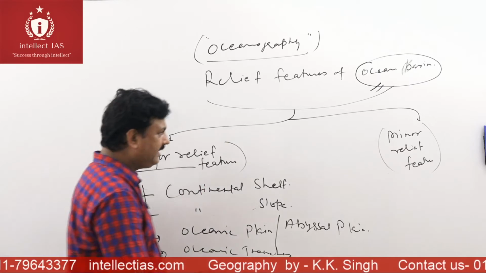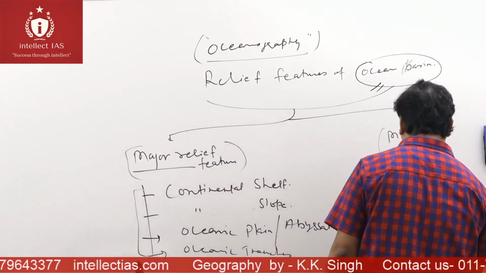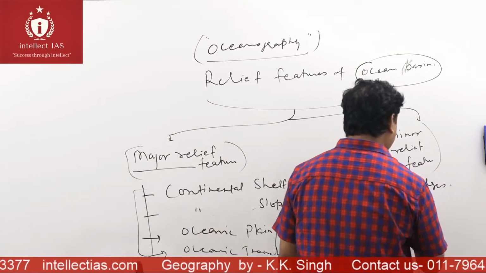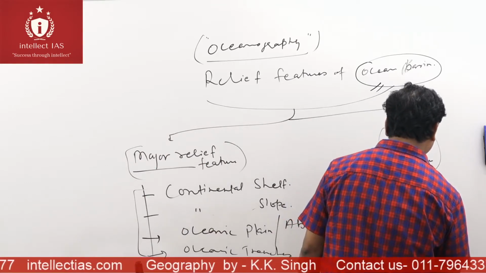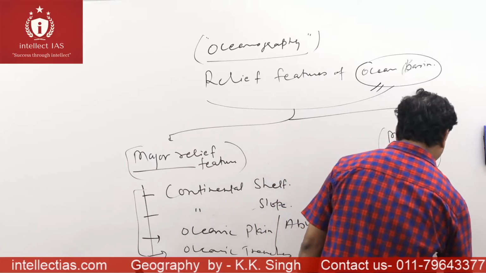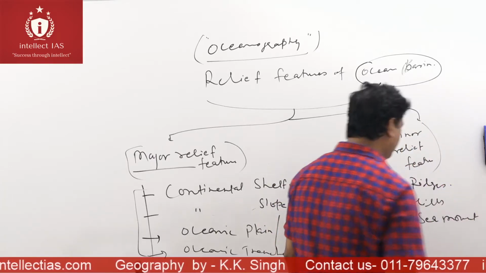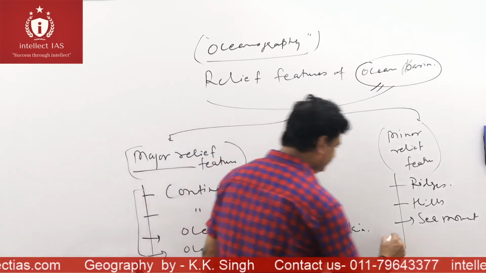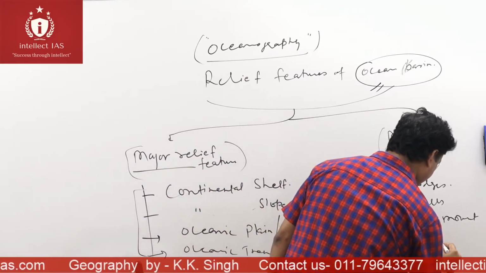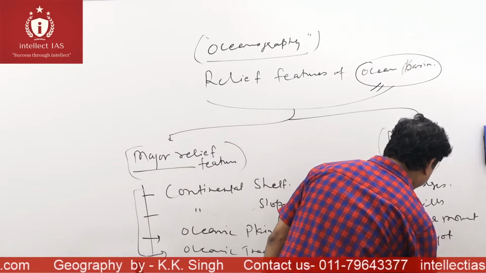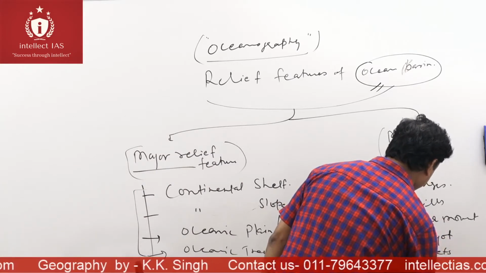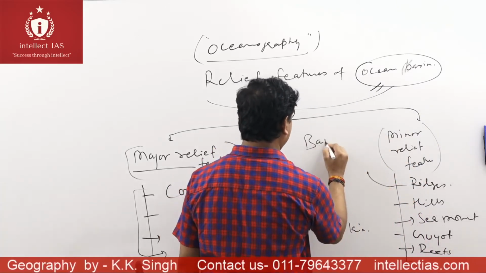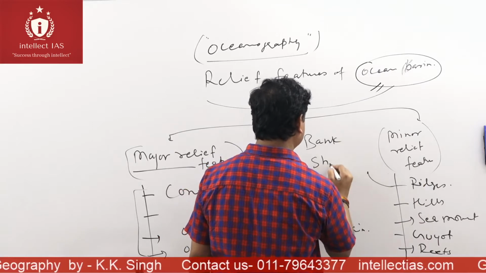The minor relief includes the ridges, hills, sea mounds, guyots, reefs, banks, and shoals.